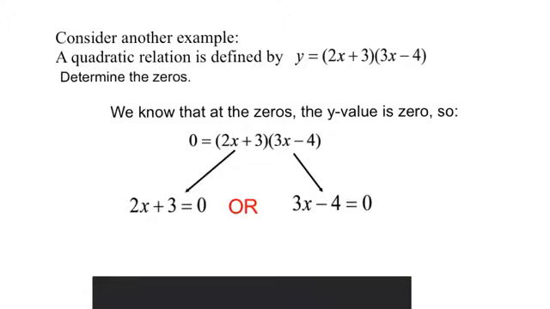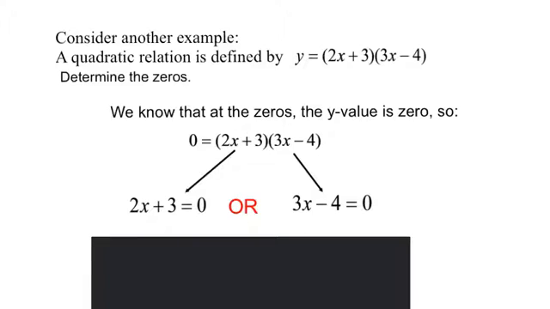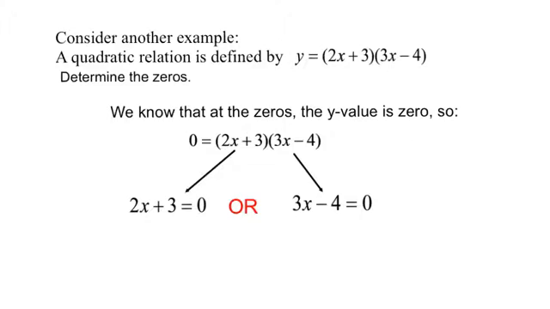In the first case, I'm going to subtract 3 from both sides, so I'll have 2x equals -3. And then divide so that x equals -3 divided by 2.